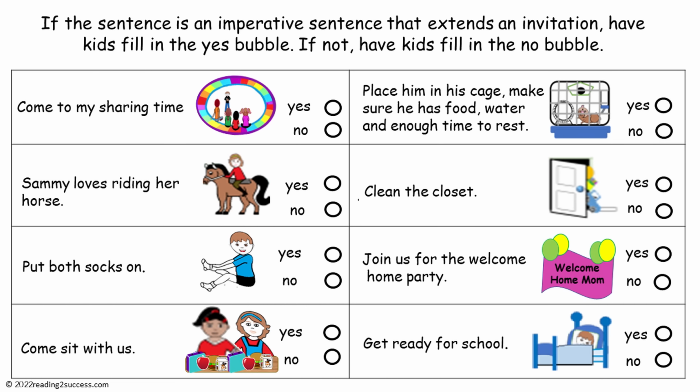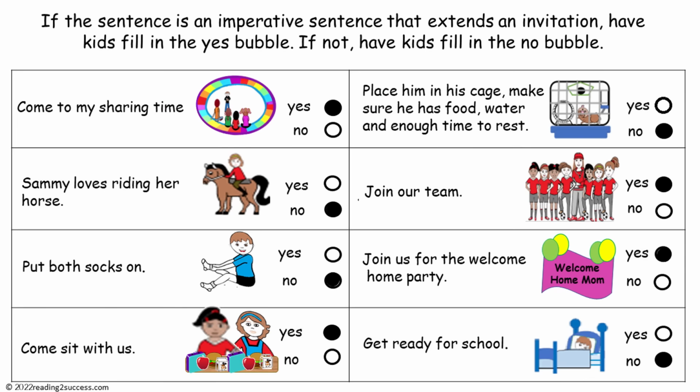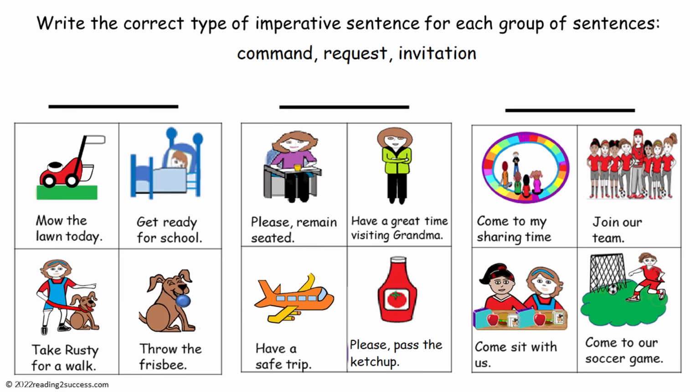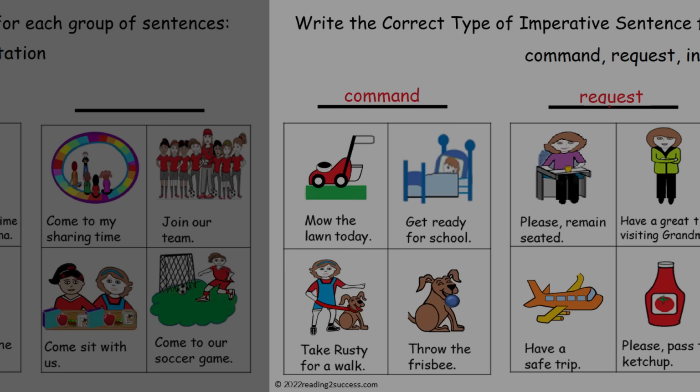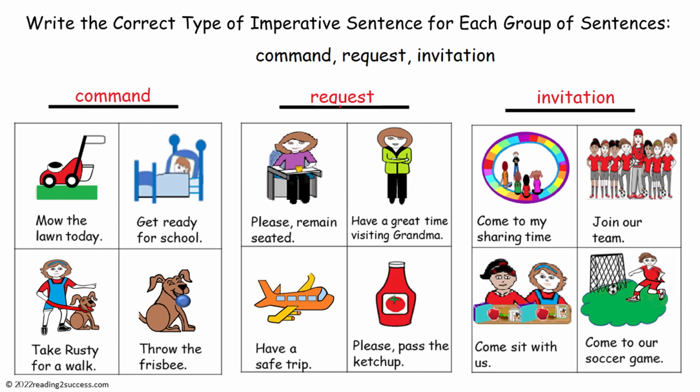This is a practice page for imperative sentences that extend invitations, and this is the completed example. Now have kids write the correct type of imperative sentence for each group of sentences: command, request, or invitation. This is the completed example.